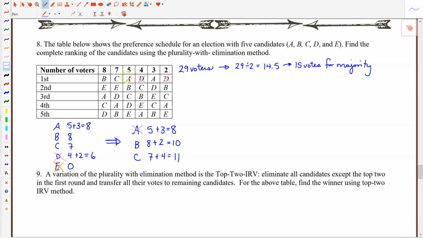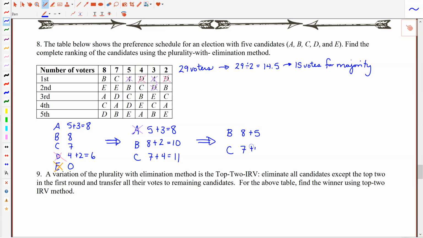So I'm also going to cross off A from my table. Now at that point in time, D was also eliminated, so I'm going to cross out D as well. And we move forward into our next round. So at this point in time, B and C are still in my election. And let's see how many votes each one has. So B has 8 from this first column. C gets the next. B gets the next column at 5.